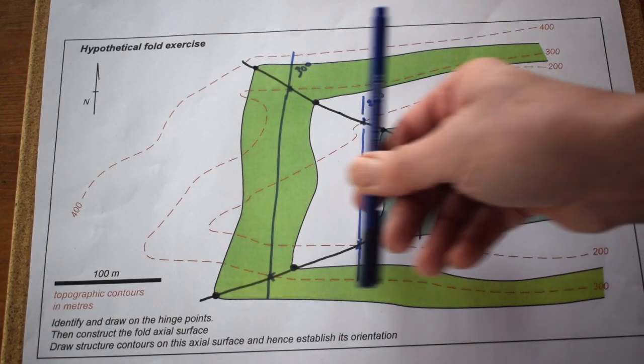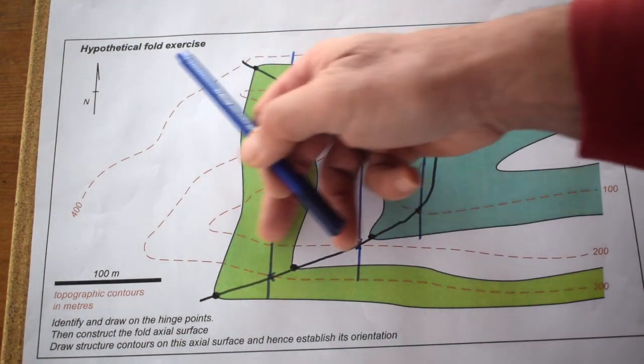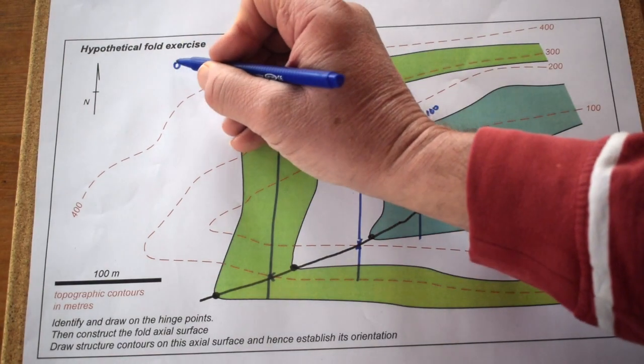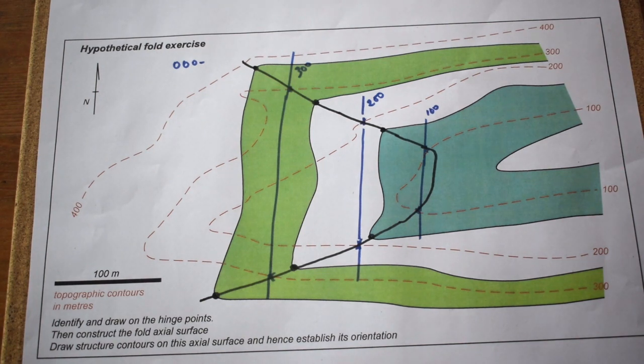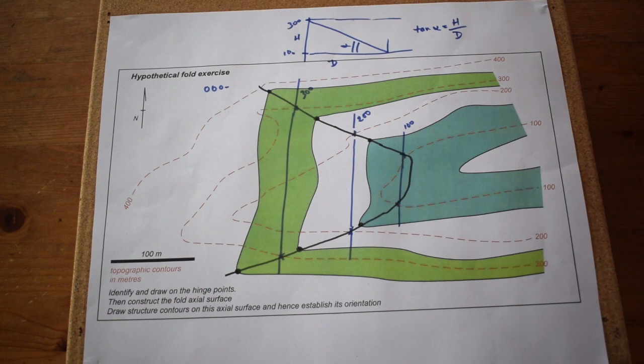Well, I can see the trend of the structure contours here is effectively north-south, so the strike of our fold axial surface will be north-south, so something like 000, and the amount of dip on it could be calculated trigonometrically by just using the spacing of the structure contours. We can use this simple trigonometry to work out the dip of our fold axial surface.